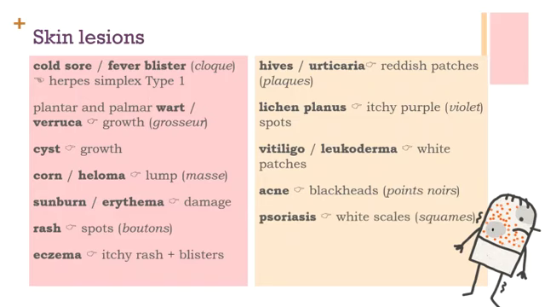It's a disease where red patches of skin are covered with white scales. Cellulitis is the bacterial inflammation of connective tissue or of the subcutaneous tissue. A boil or furuncle is a tender raised mass of infected tissue and skin.